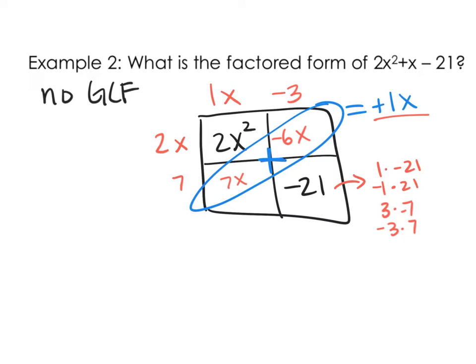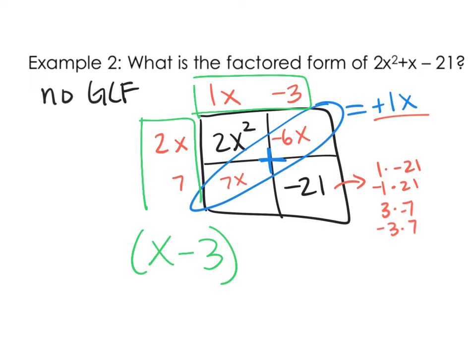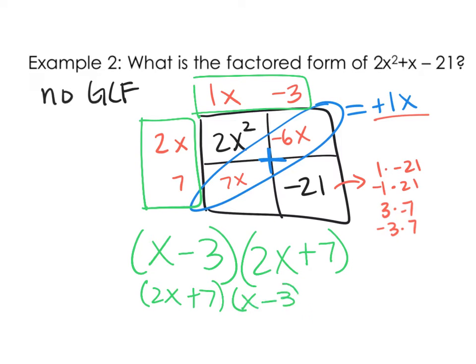So we could also have switched the place of the 3 and the 7 and seen if that made a difference. But we happen to find our answer. So our answer is an x minus 3 and a 2x plus 7. You could also write it as 2x plus 7 and x minus 3. Either one is completely fine.